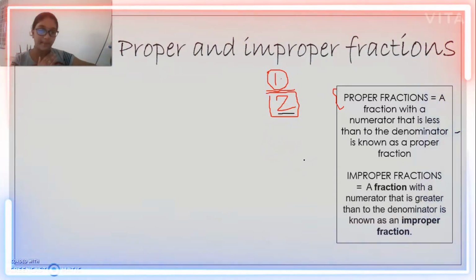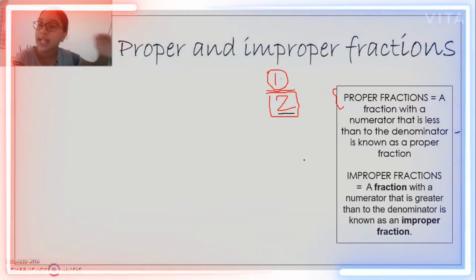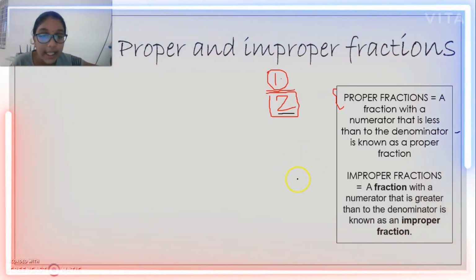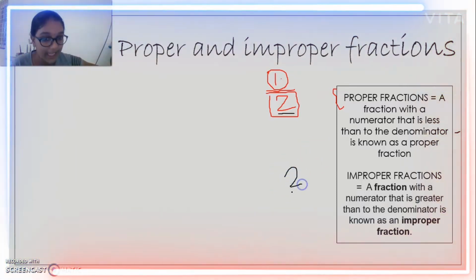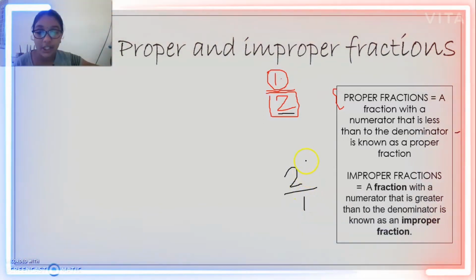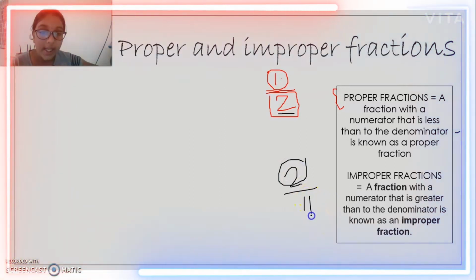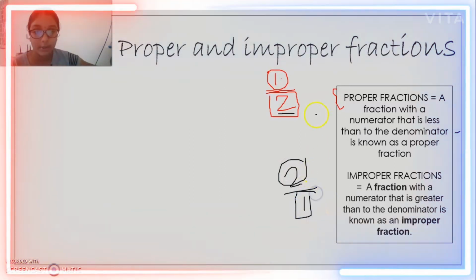Moving on, we have the improper fraction: a fraction with a numerator that is greater than the denominator. Let's take the example of 2 by 1. It is reversed. In an improper fraction, the numerator should be more than the denominator.